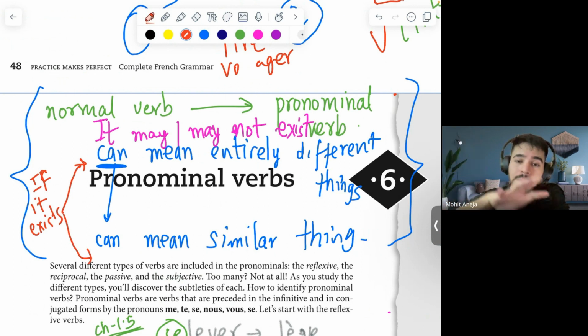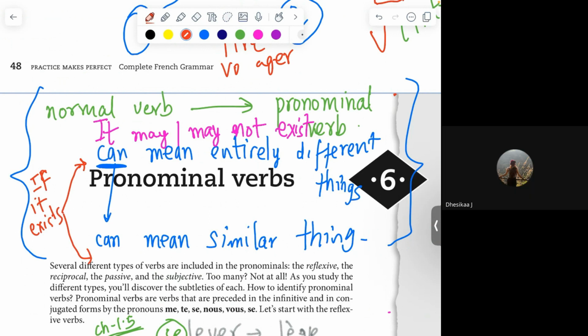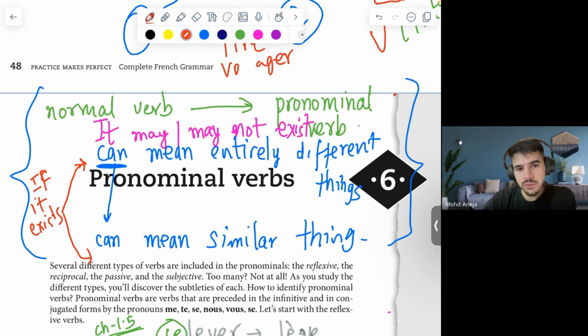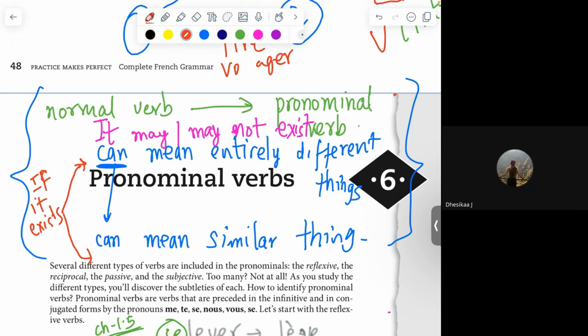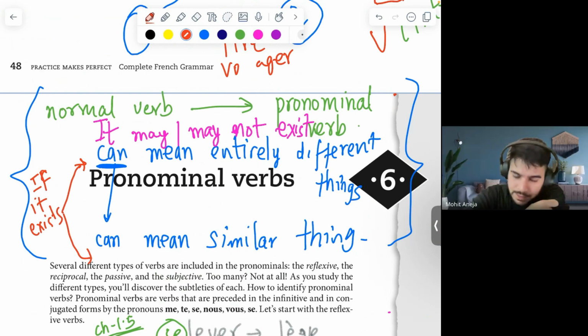It's possible that the pronominal form of a normal verb does not exist at all. All right. So can you repeat that now if you understood it? So when there is a normal verb, it may or may not exist as a pronominal verb. Exactly. Is that clear? Yes, I've got it.